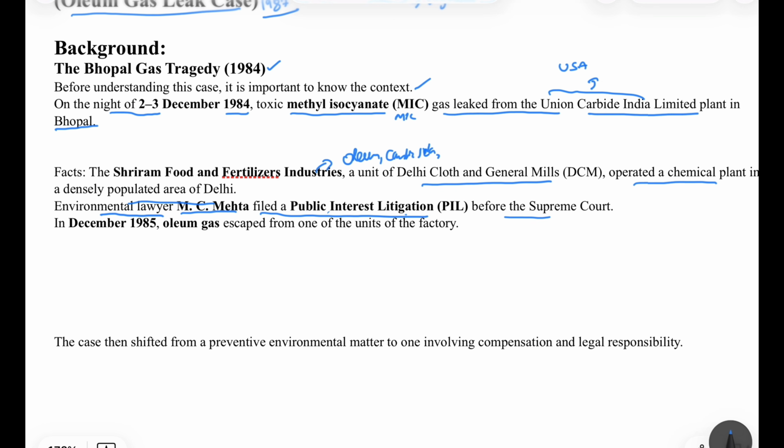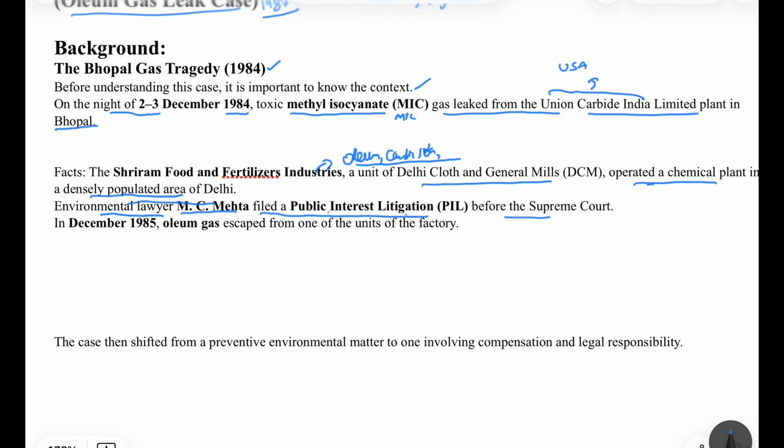He argued that the factory handled hazardous chemicals such as oleum, caustic soda, and sulfuric acid. And it was located in a densely populated area, which was held in the facts.